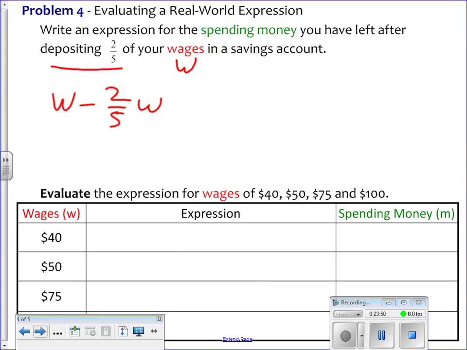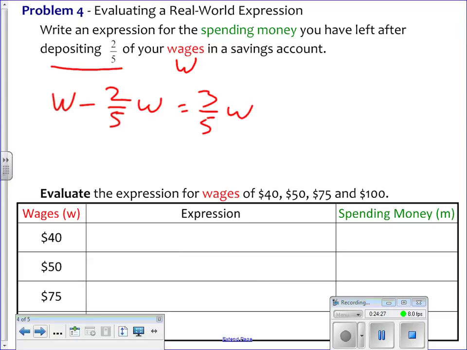Now, this is a workable expression, but it is not the easy one. If I have my wages, and I take 2/5 and deposit, how many fifths do I have left over? 3/5. Right? 2/5 I deposit means I have 3/5 left over. This is the same thing as 3/5 W. Because if I have a big pot of money and I take 2/5 and put it here, I have 3/5 left over.